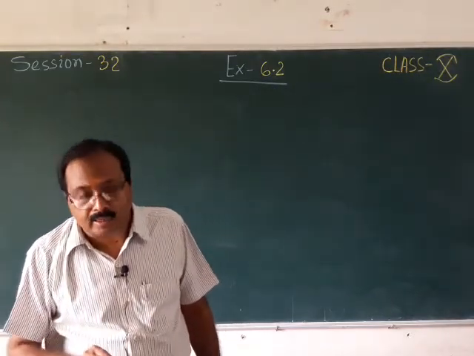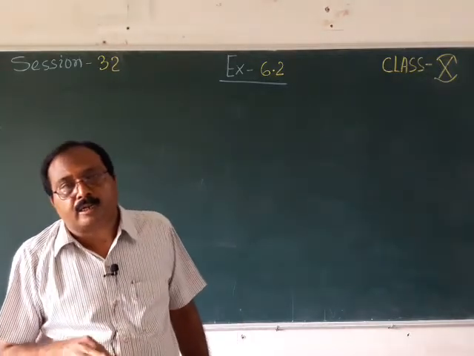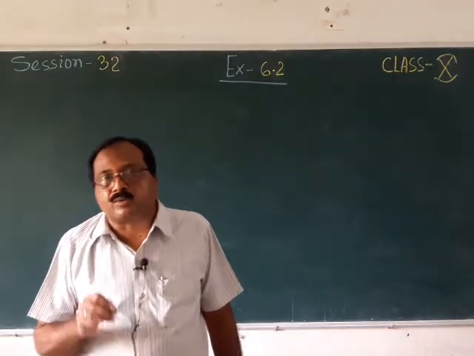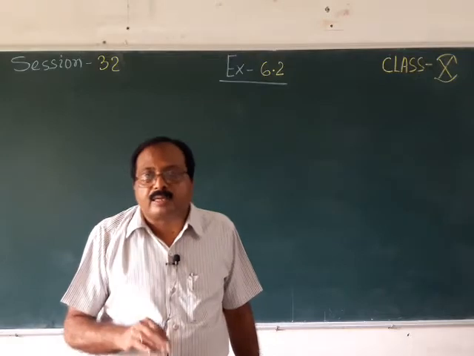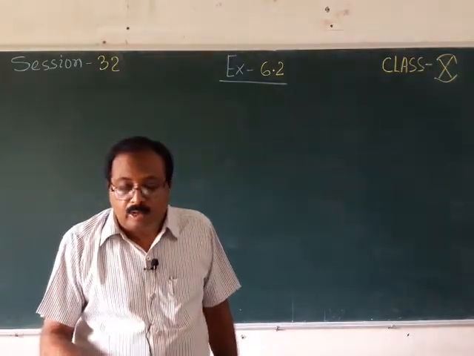Keep this in your mind and go through the introduction part in your textbook. Read it very nicely, try to understand. If you can see the definitions, you can underline them, okay, and you have to learn those.